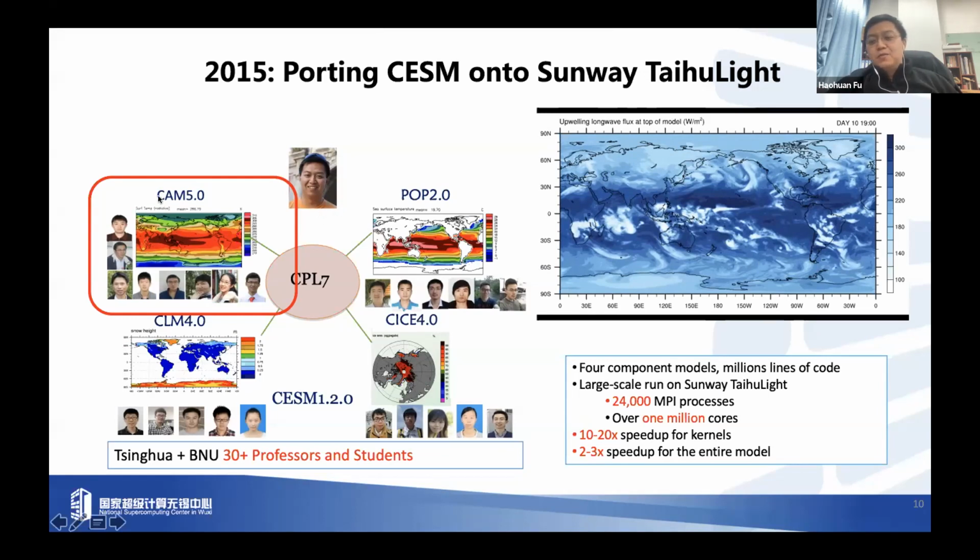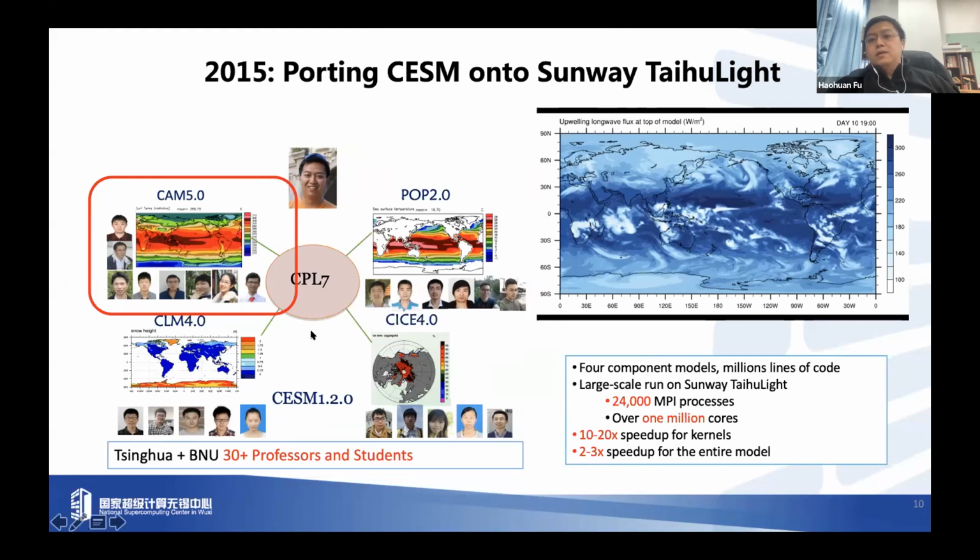Anyway, so we had gathered a group of people, like maybe 20 or 30 people from both computer science and climate, but maybe only one professor is from the background of climate modeling. And then we have most of the students coming from a computer science background. So as the hardware engineers were building the Sunway TaihuLight machine, we were trying to port the CESM.